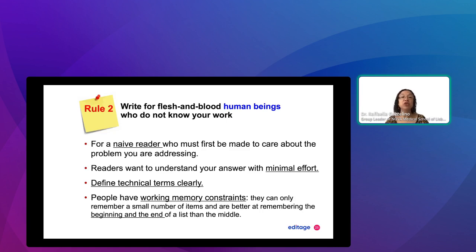So rule number 2 is: write for flesh and blood human beings who don't know your work. It's very important to make naive readers understand what you are addressing, which is the challenge that your research is addressing, and how you may address it with minimal effort, but being very precise.